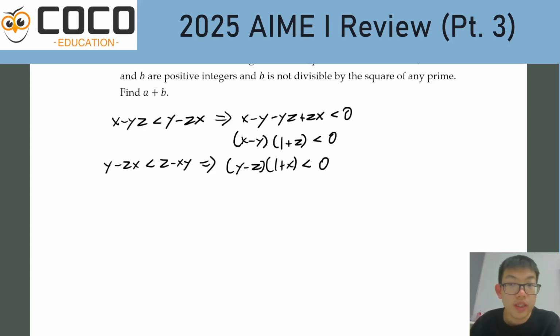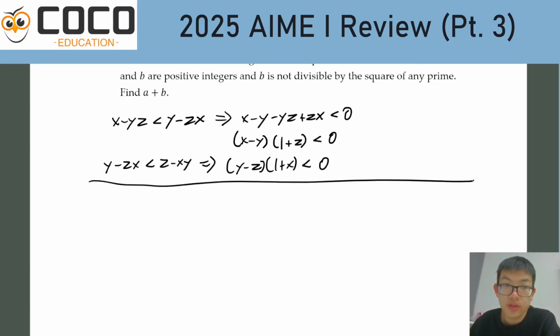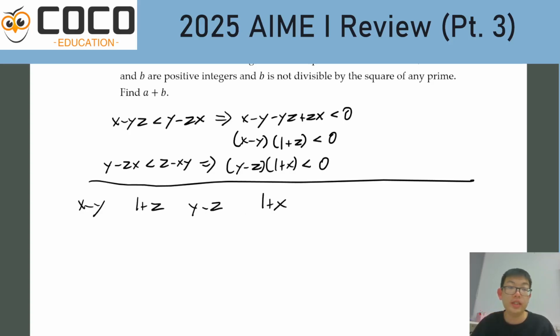Okay, so x minus y, 1 plus z is less than 0. I will just write each of these down. Actually, so let's say that I go plus, minus, plus, minus.